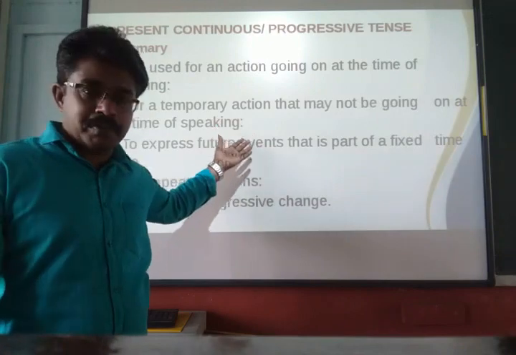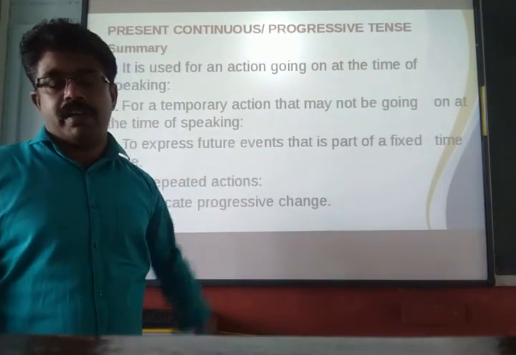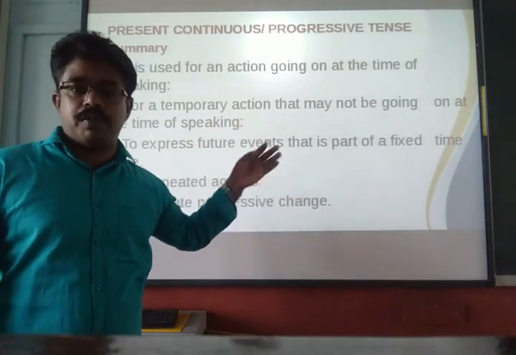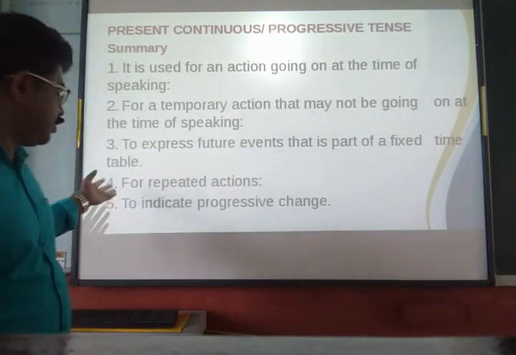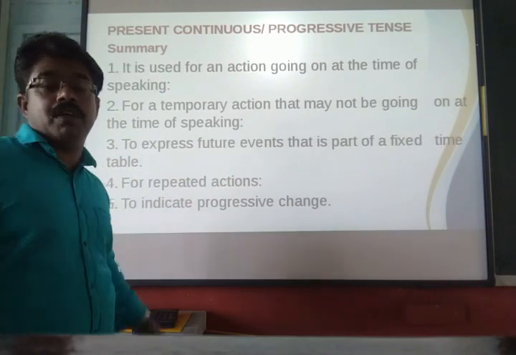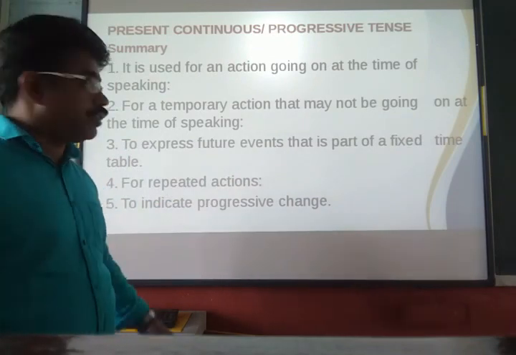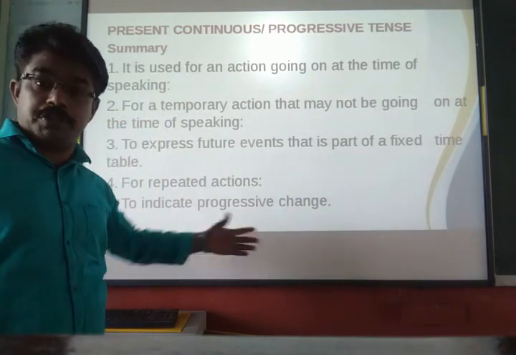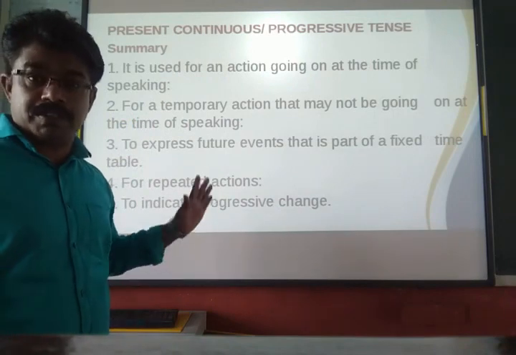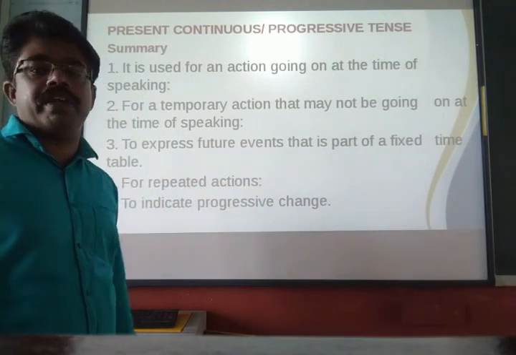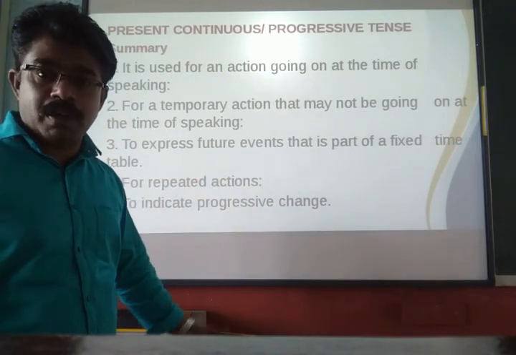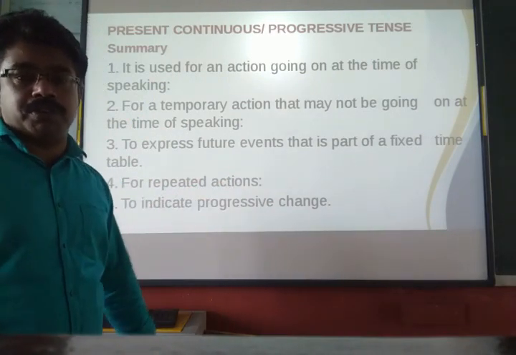Now we continued with the present continuous tense: 8 ways where we can use the simple present tense, and 5 usages of the present continuous tense. These are the things we have learned today. I hope these things are clear. I am going to stop here for today. The rest we will continue in the next class. Hope you have understood the various usages of this tense.